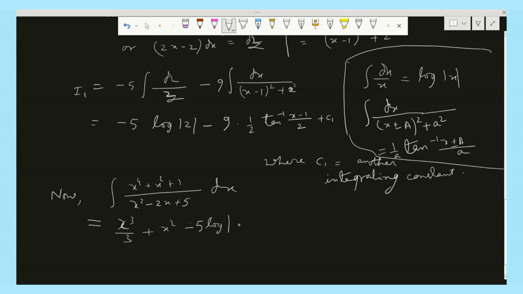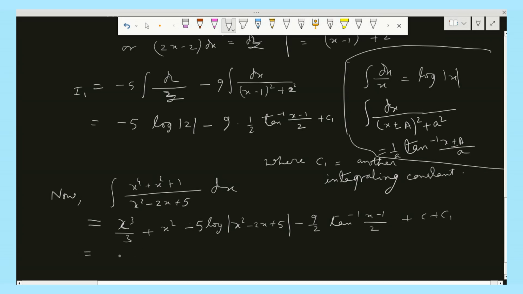The value of z is x square minus 2x plus 5, minus 9 by 2 tan inverse of x minus 1 by 2, plus c plus c1.